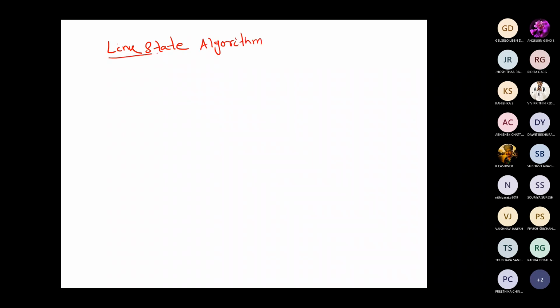In the exam, we may not ask you directly using the term link state algorithm. We may ask you to apply the Dijkstra algorithm, or from the source to destination node, like that we may ask.